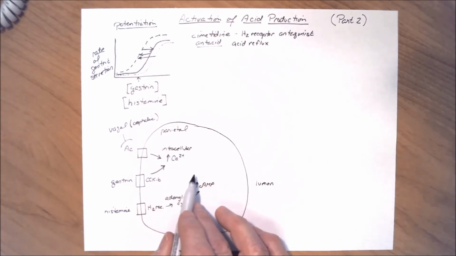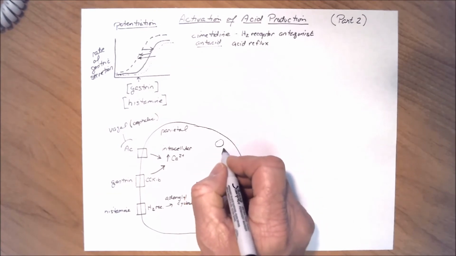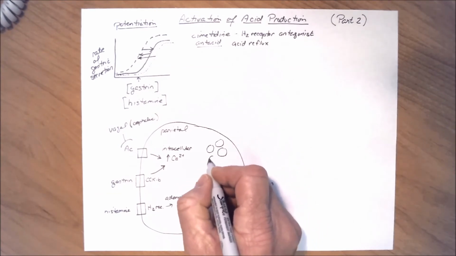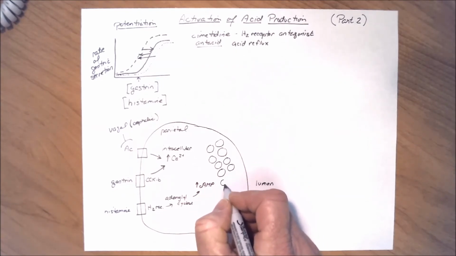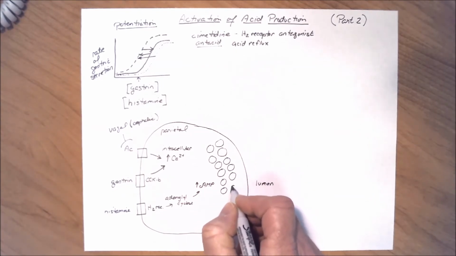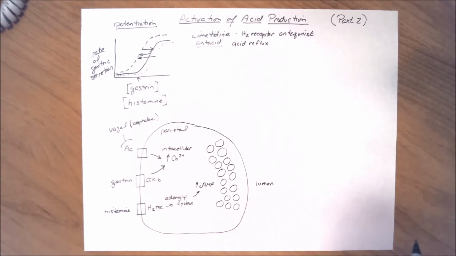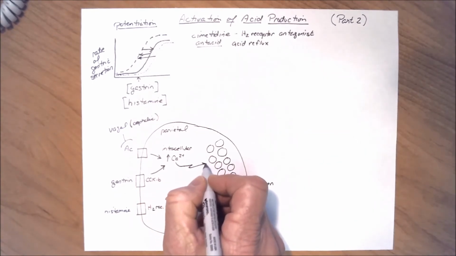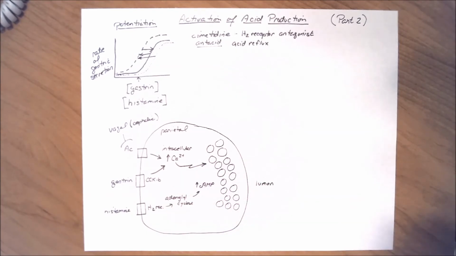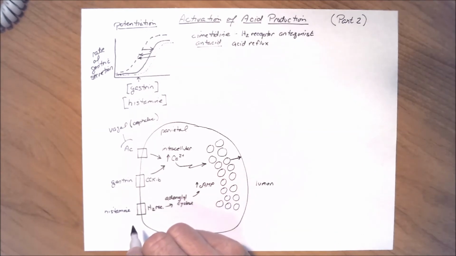Now, what do these second messengers do? Recall in part 1 I mentioned that parietal cells have intracellular vesicles concentrated mostly near the luminal side of the plasma membrane. The calcium will stimulate the fusion of these vesicles with the plasma membrane.